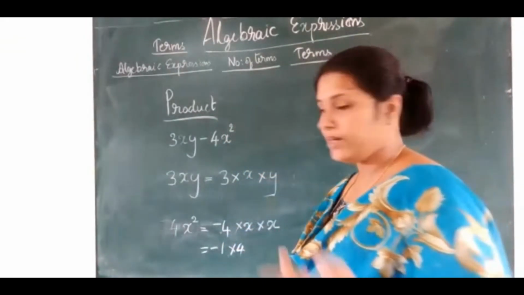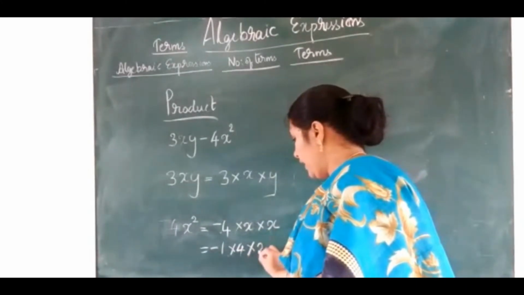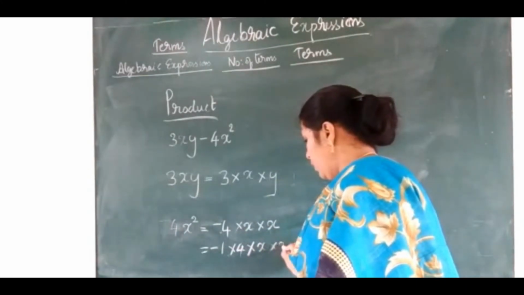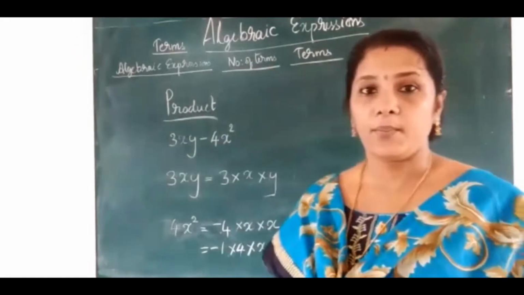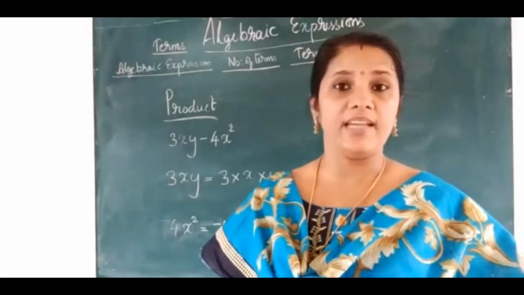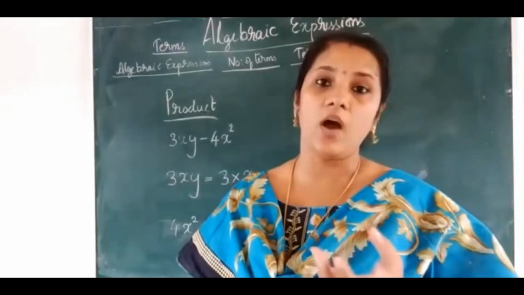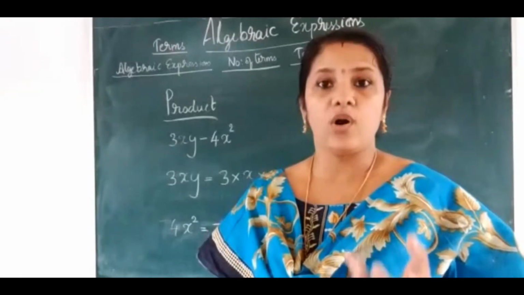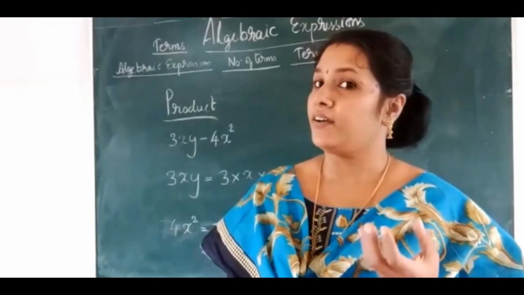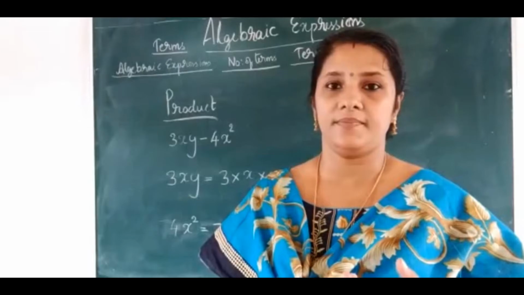So, negative 1 into 4 into x into x. So, these are the products. We can write each term of the algebraic expression as the product of constants and variables.